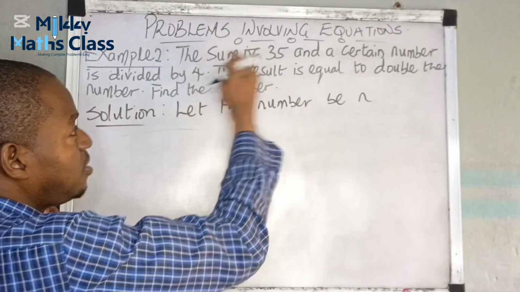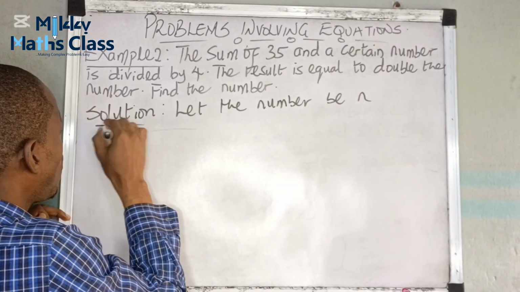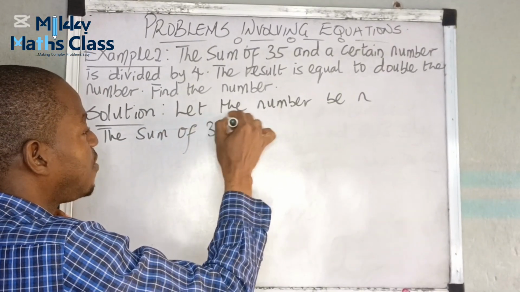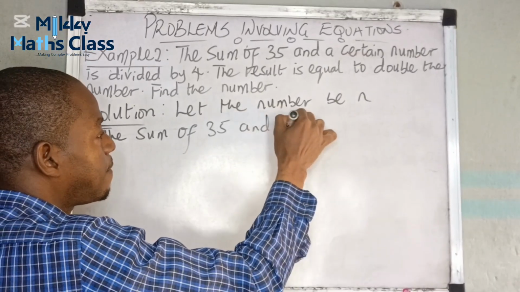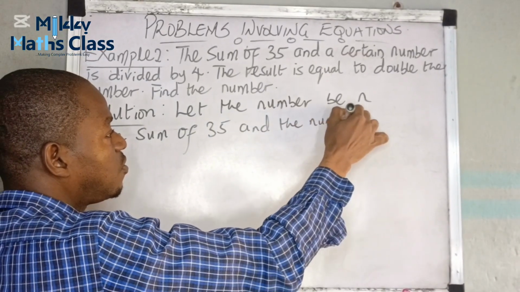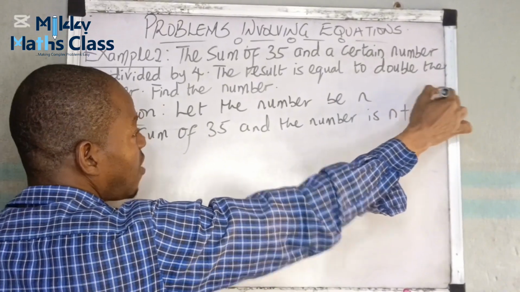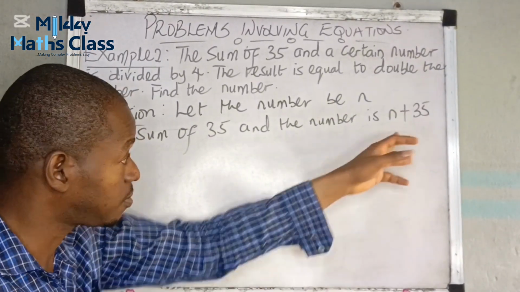Now they said the sum of 35 and that certain number. So let's interpret this first statement. The sum of 35 and the number is n plus 35, or 35 plus n. That's the sum.